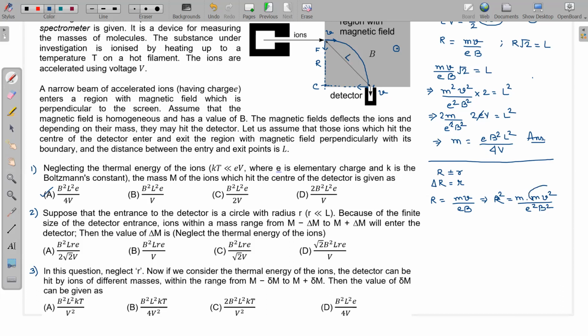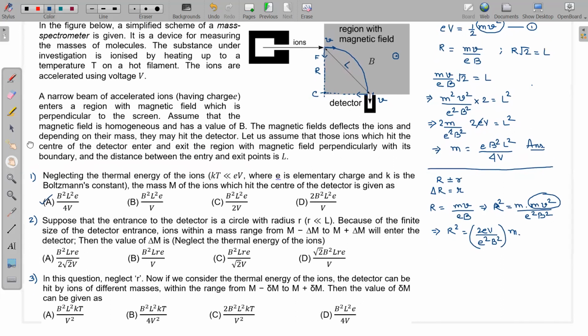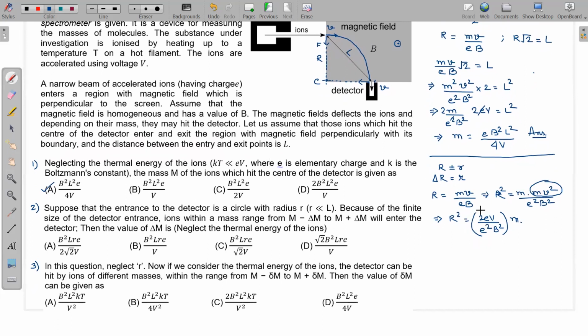Now again this value of mv square I can replace from equation number 1, which is mv square is 2 times e into V. So from here I can write R square will be equal to 2eV divided by e square into B square, times m. Here you can see that the term in this bracket is a constant term. This is not varying, right?